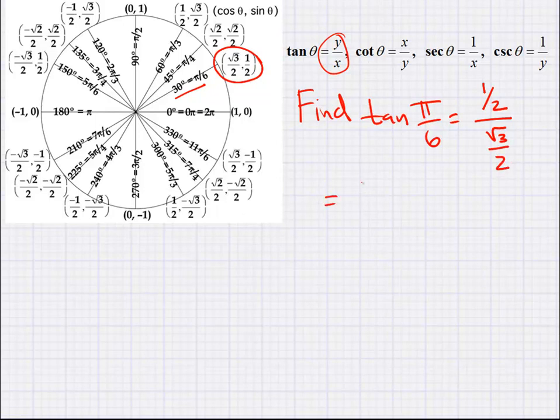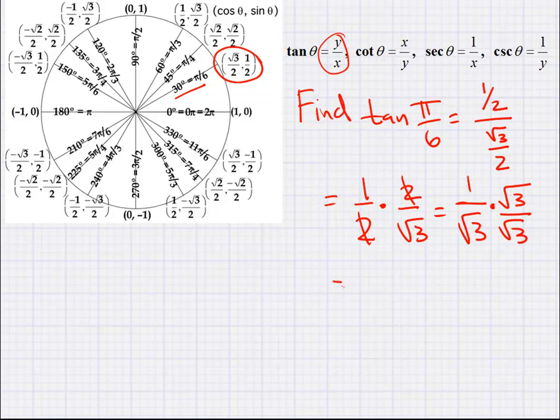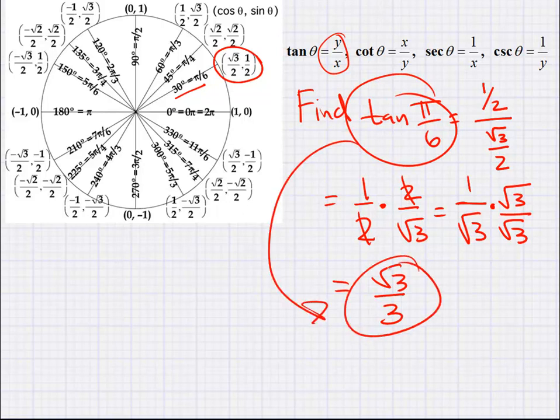Well, if I'm dividing a fraction, I'd flip and multiply. The 2's cancel. I get 1 over the square root of 3. Normally we shouldn't have roots in the denominator, so you're probably not going to see the answer written that way in most cases. So then I'll rationalize this, multiply by square root of 3 over square root of 3, and I end up with square root of 3 over 3. So the tangent of pi over 6 equals the square root of 3 over 3.